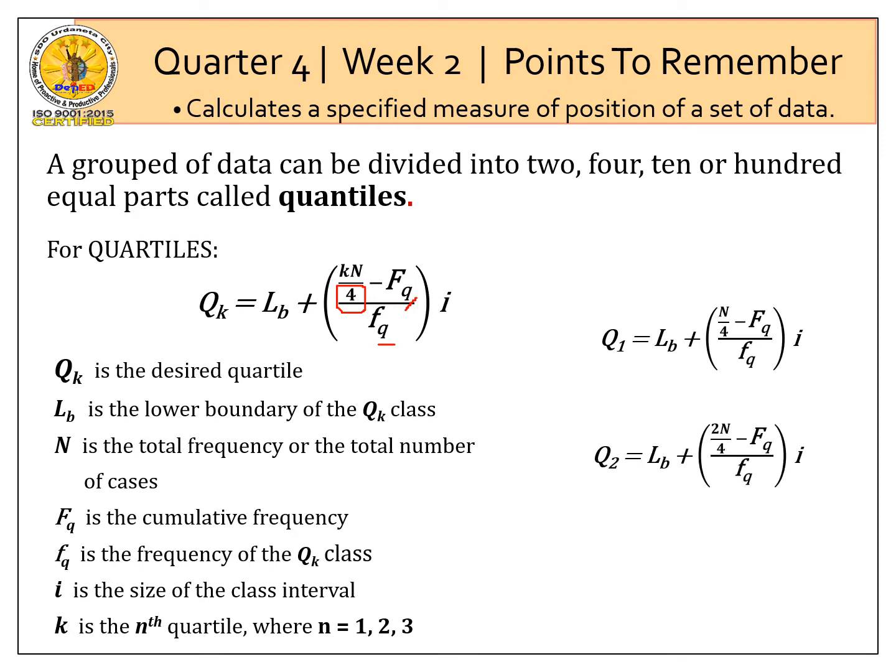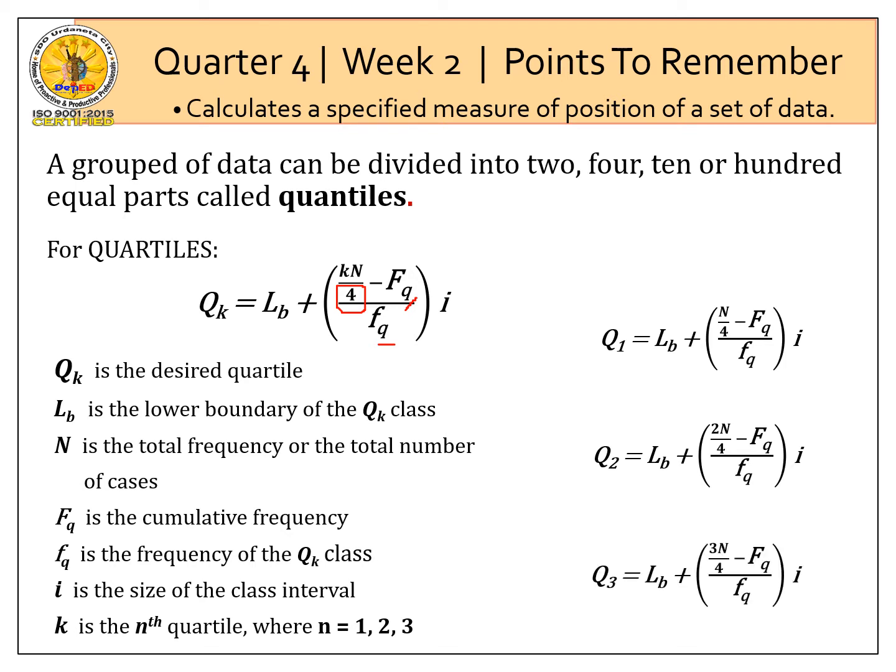For quartile 2, we have the lower boundary of the quartile class plus quantity 2 times n over 4 minus the cumulative frequency divided by the frequency of the quartile class times the interval. So k here is equal to 2.